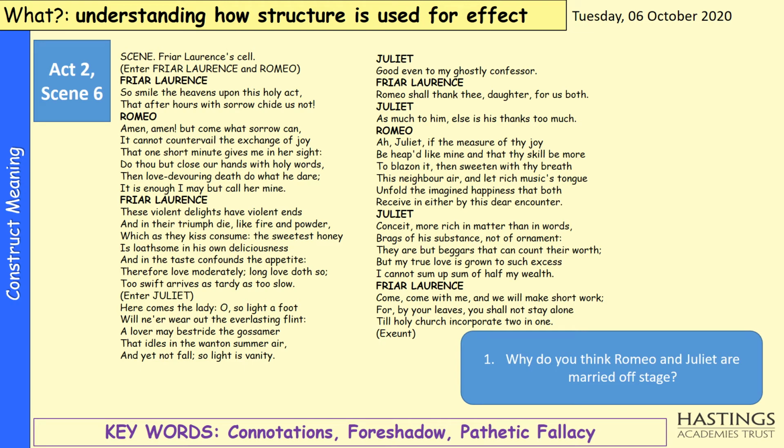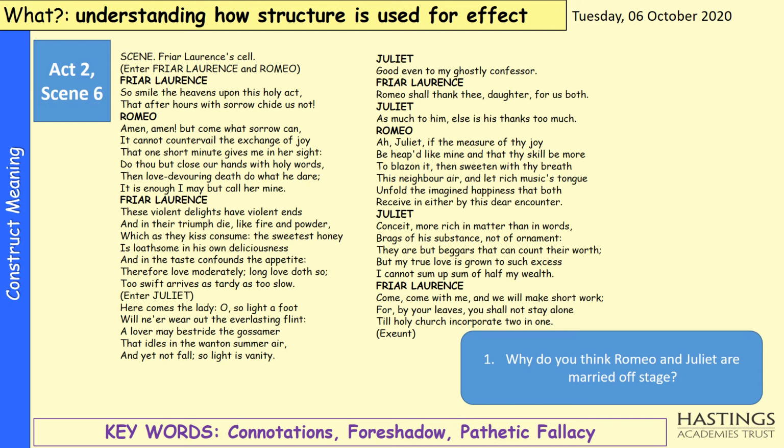Conceit more rich in matter than in words, brags of his substance, not of ornament. But they are but beggars that can count their worth. But my true love is grown to such excess, I cannot sum up some of half my wealth. Come, come with me, and we will make short work, for by your leaves you shall not stay alone, till Holy Church incorporate two in one."